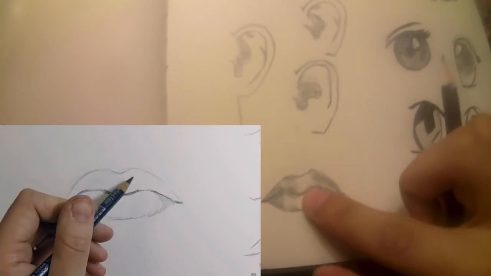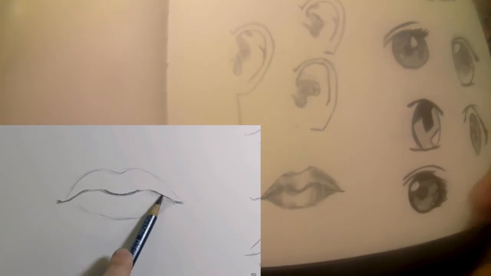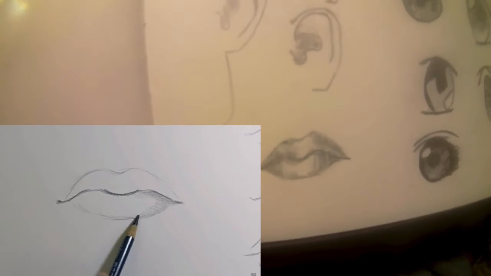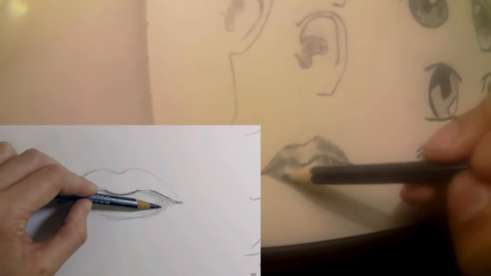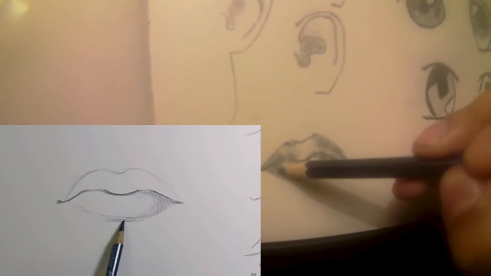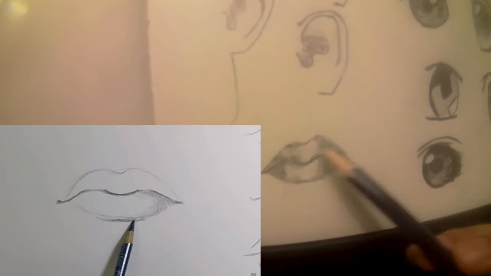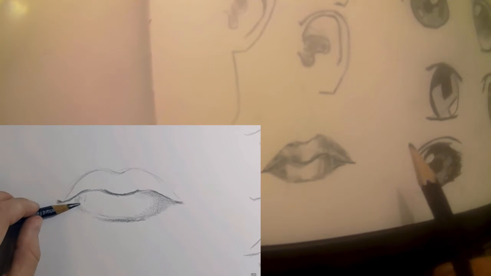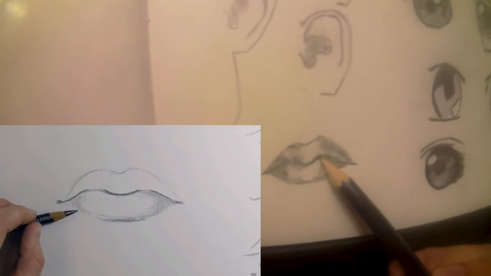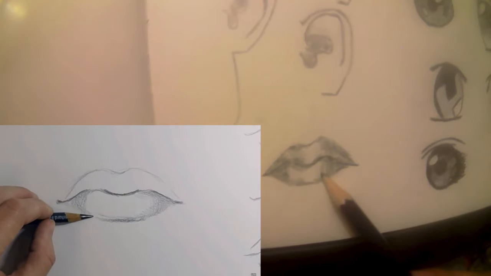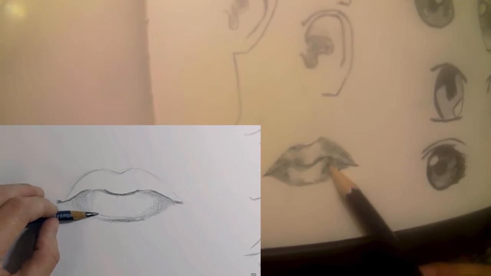As you can see, I'm following the form of my lips. They curve out and around. I'm following that curve with most of my shading, curving around the mouth using those cross contour lines.